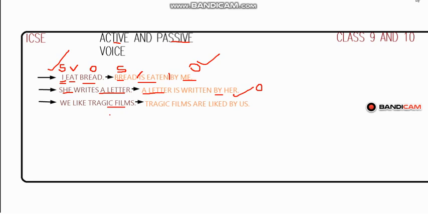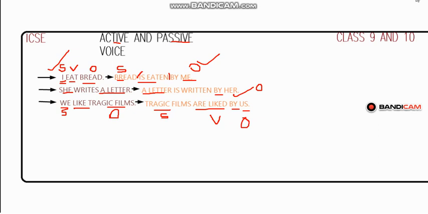Tragic films is the object, here it would be the subject. In the middle we use our verb and then by, and we, in the subject form, will change into the object form, that is us. So tragic films are liked by us. I think they are very clear to you.